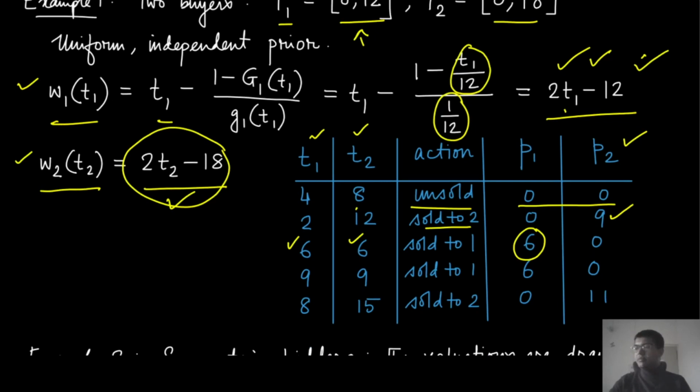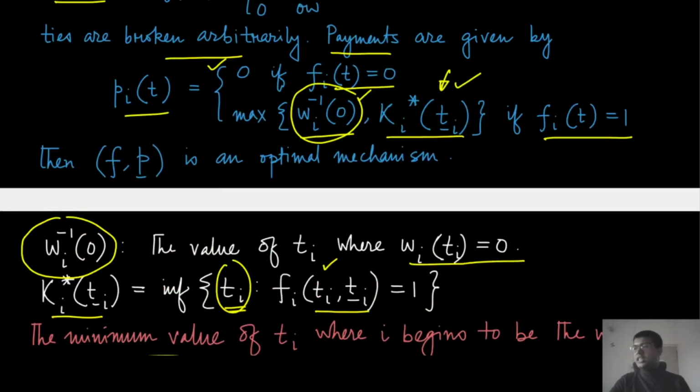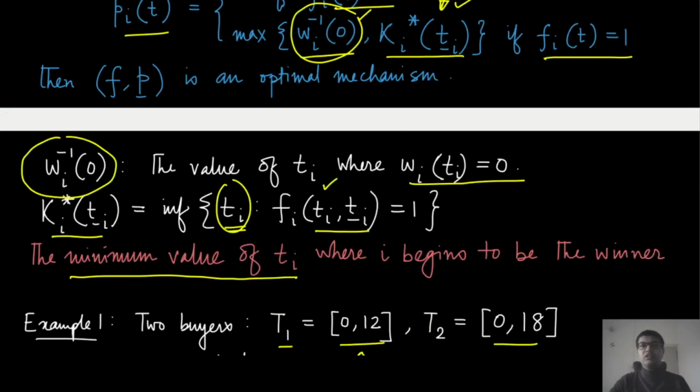Similarly, when both players have 9 and 9, both have non-negative virtual valuations, but player 1 has a higher virtual valuation, so it is sold to player 1, and they pay the value at which they start becoming the winner, which is 6. So up to this point, w inverse i of 0 is becoming the payment in all these cases.